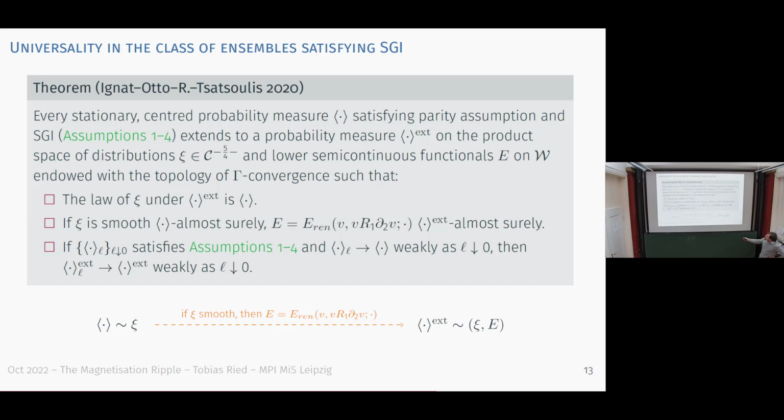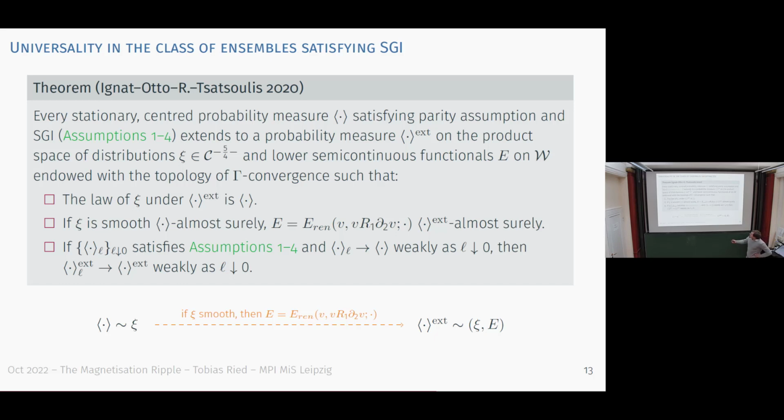Taking any stationary centered probability measure that satisfies the parity symmetry x1 to minus x1 and the spectral gap inequality, we can extend it to a probability measure on the product space of distributions Xi and lower semi-continuous functionals on the space W, which is the natural space where we consider our functionals, endowed with the natural topology, namely that of gamma convergence with respect to the strong L2 topology, such that the following holds: the law of Xi under this extended measure is still the one we started with. So we have a nice projection property.